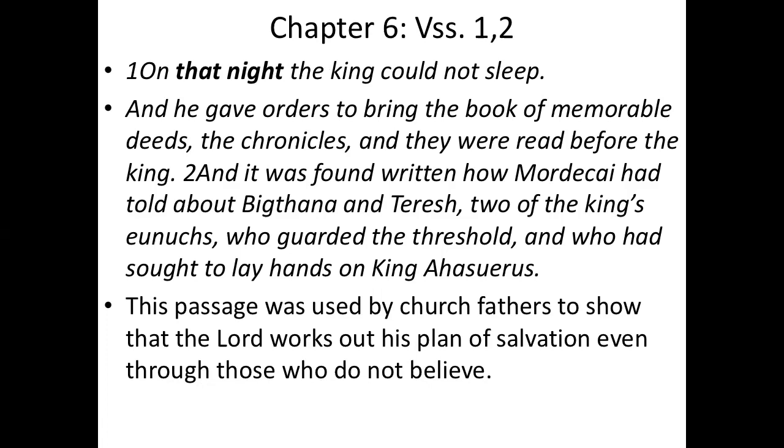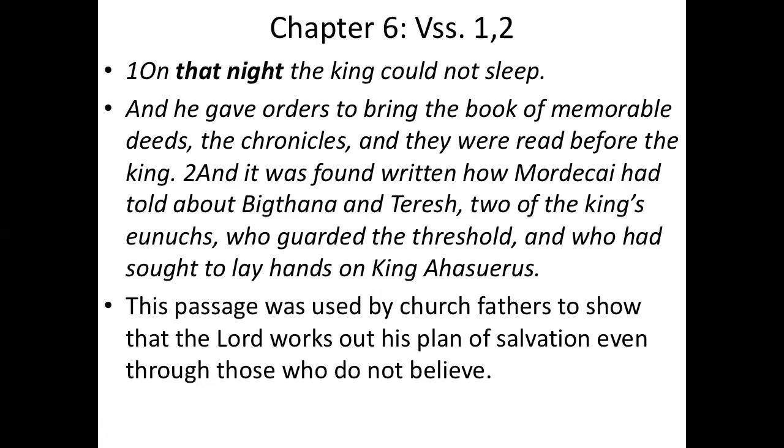So Xerxes is learning now how somebody named Mordecai had uncovered a plot to have him killed. In other words, he saved his life, right? He doesn't remember this somehow. But this passage is used by the church fathers to show that the Lord plans out his salvation even for those who do not believe.